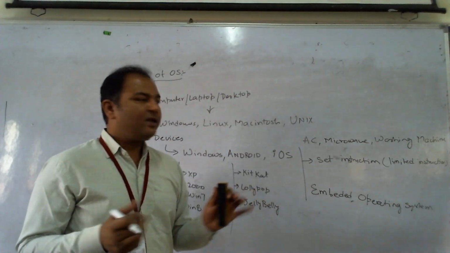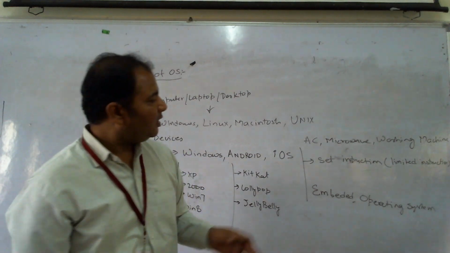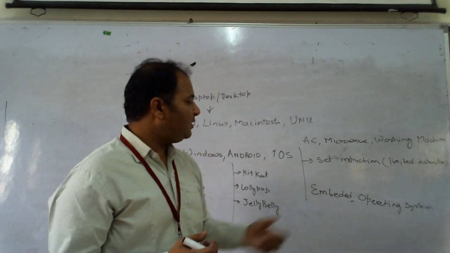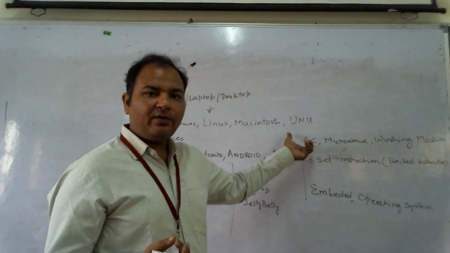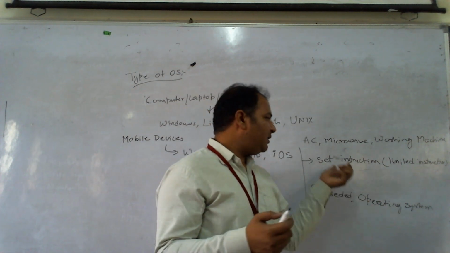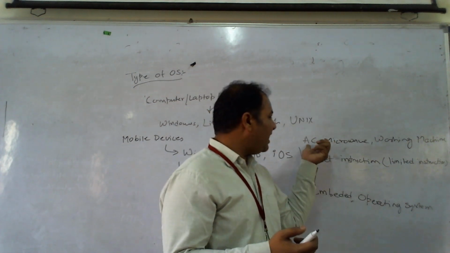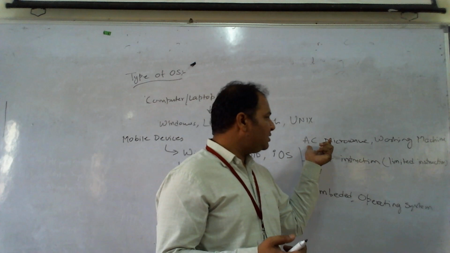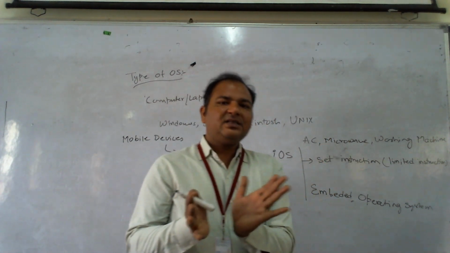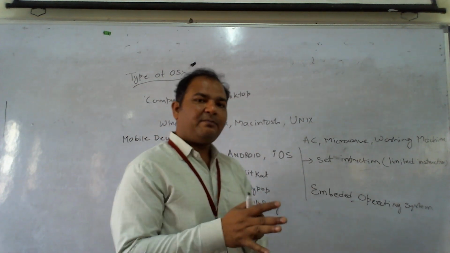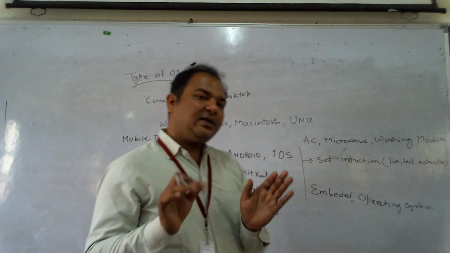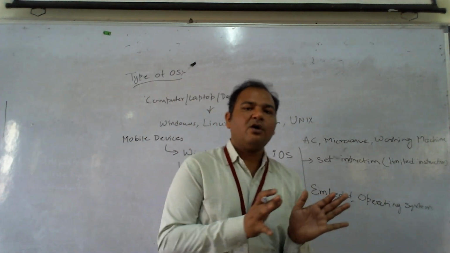If we want to cool the temperature of an AC, we can easily change it through the remote. But we can't use that in the microwave. In the microwave there is another set of instructions coded in the chip, and it can perform only that task.